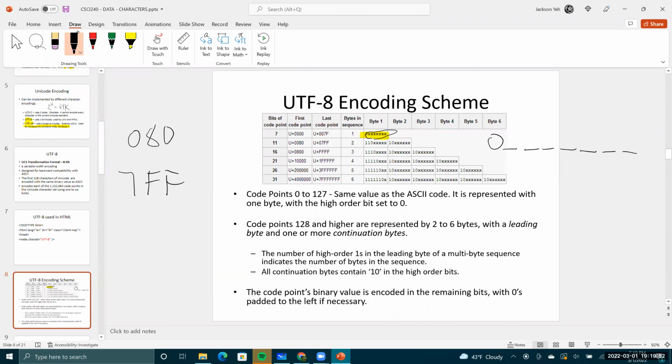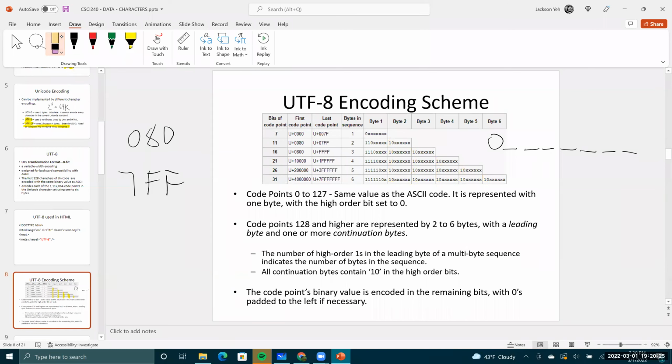Now let's take a look at 2 or more bytes. If you have 2 or more bytes, I want you to look at a pattern here. Look at the continuation bytes. Notice that all of these continuation bytes begin with 1, 0. Does everyone see that? So all continuation bytes begin with 1, 0, and the remaining 6 bits are used to encode your value.